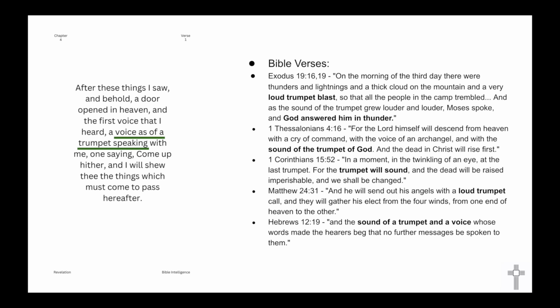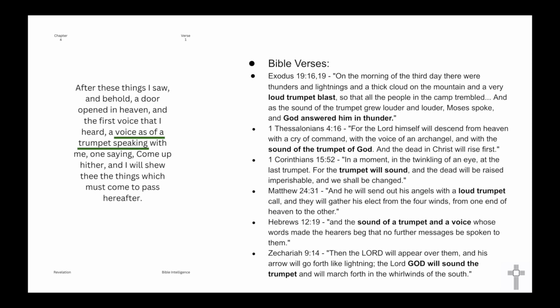Also got Hebrews 12, and the sound of a trumpet and a voice, whose words made the hearers beg that no further message be spoken to them. And Zechariah 9:14, then the Lord will appear over them, and his arrow will go forth like lightning. The Lord God will sound the trumpet and will march forth in the whirlwinds of the south.